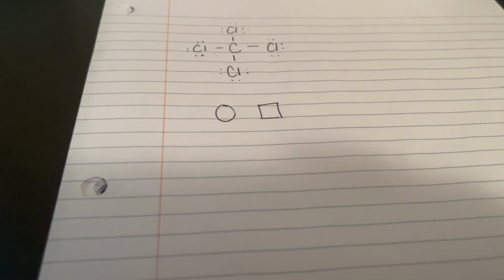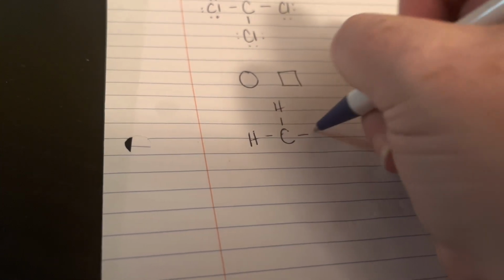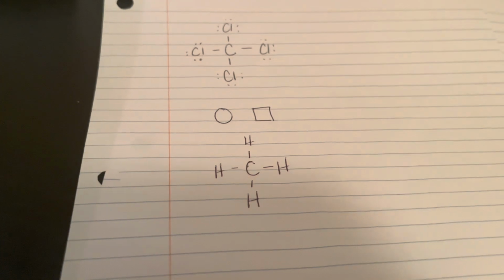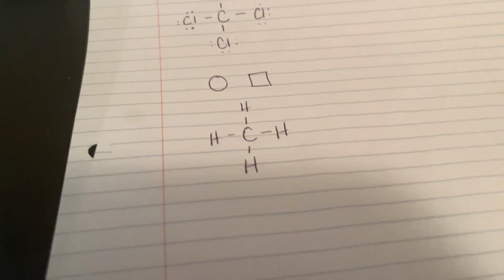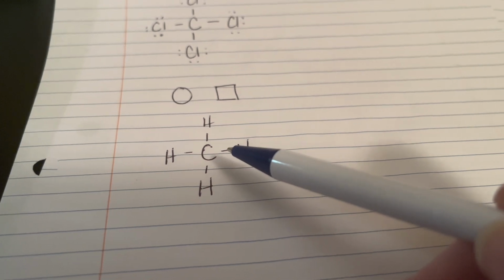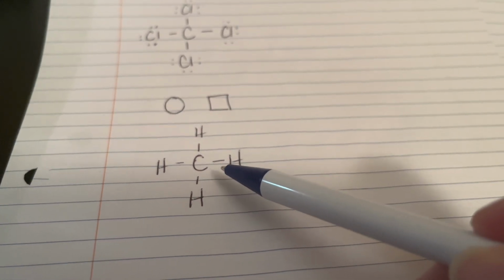So if I'm looking at, let me use methane. Okay, if I'm looking at, that's the example the book shows. Okay, so remember that the covalent bonds are representing a shared pair of valence electrons, okay?